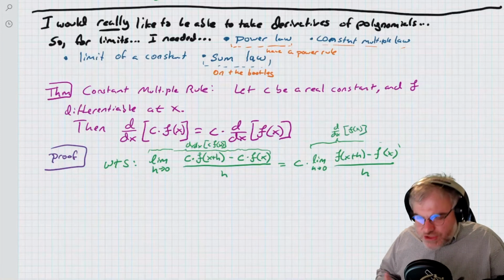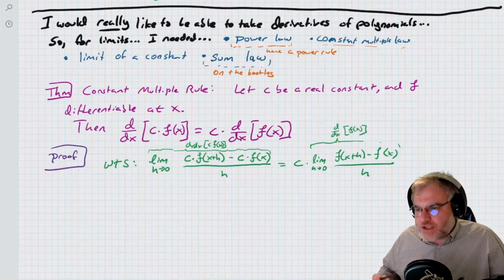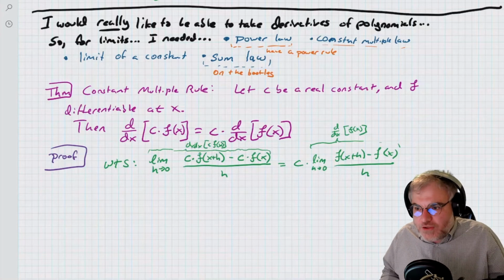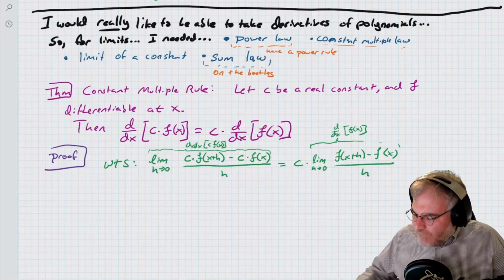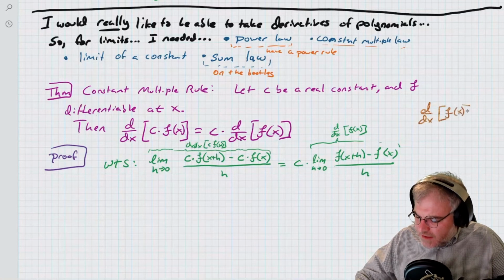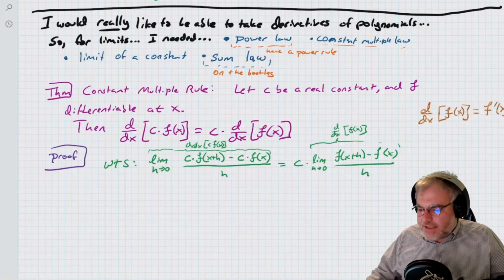So the notation is harder than the thing you're trying to show. 1 to 5, how do we feel about that? The notation is actually the harder part of the problem, right? You have to be comfortable with this idea: d over dx of f of x equals f prime of x. You have to be comfortable with that idea.